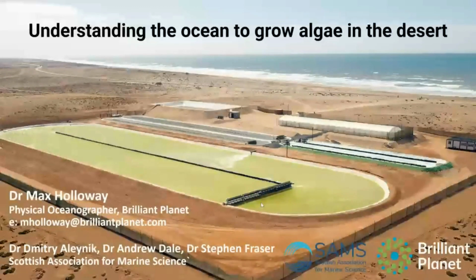To achieve this, you have to move a significant amount of water. As I say, the site is in coastal Morocco, adjacent to the coastline. We bring in nutrient-rich water from the ocean to feed the algae in the ponds. Then the algae remove the carbon from the seawater, so that seawater is put back into the ocean once it's been deacidified. Carbon dioxide is an acid in water, so that's removed.